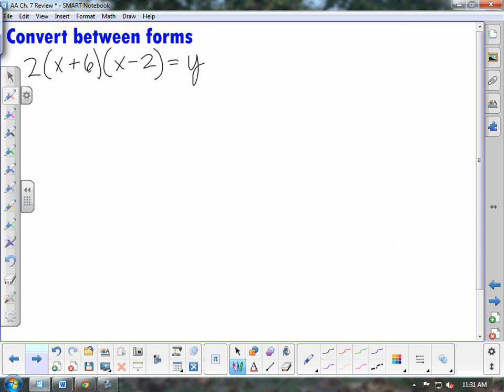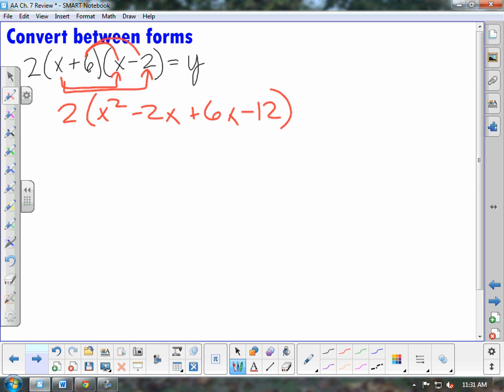Finally, converting between forms. Taking this, which is in root form, and converting it to standard form, you just need to multiply it out. So x times x is x squared, x times a negative 2 is a negative 2x, 6 times x is 6x, and 6 times a negative 2 is a negative 12.